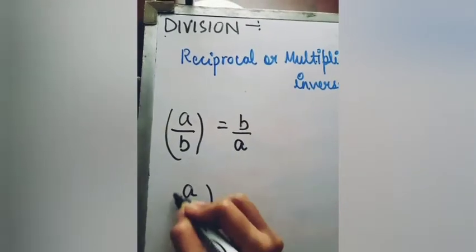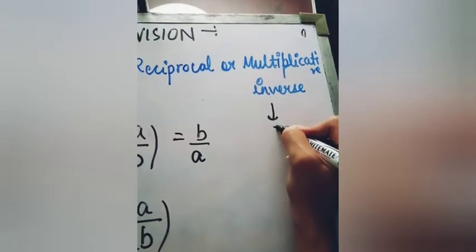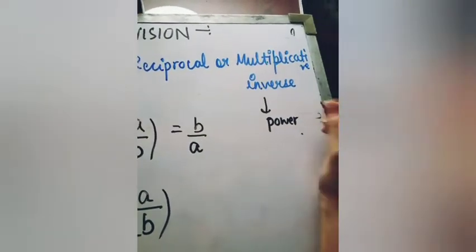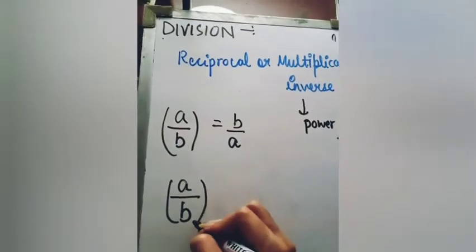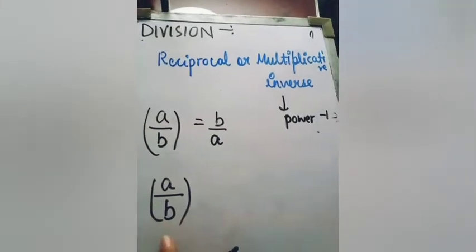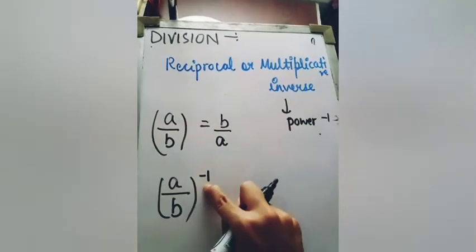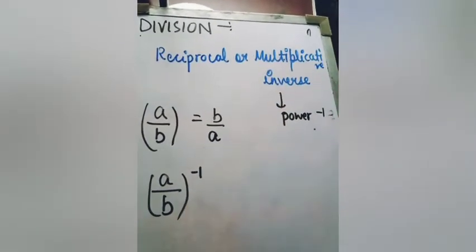Multiplicative inverse means power minus 1. So here, what is the multiplicative inverse of a upon b? It is (a upon b) to the power minus 1. Why minus 1? Because we have to find the multiplicative inverse.